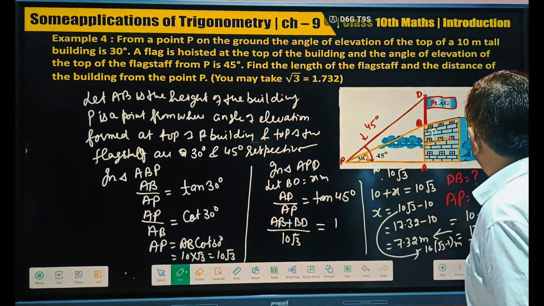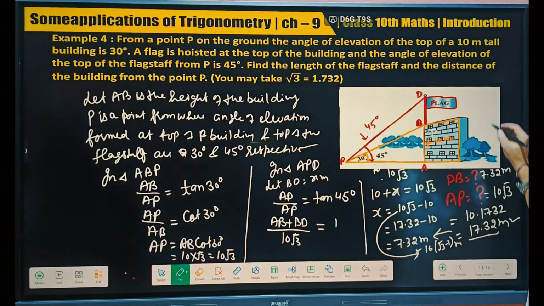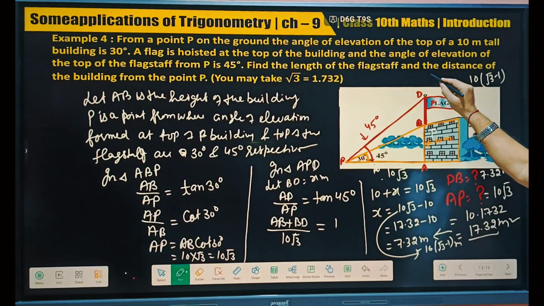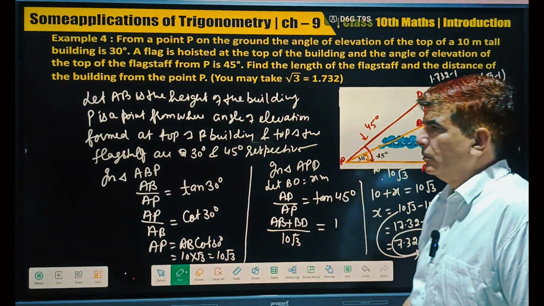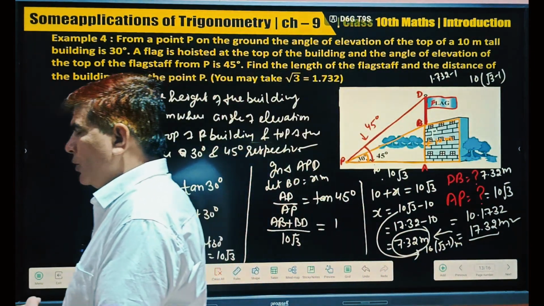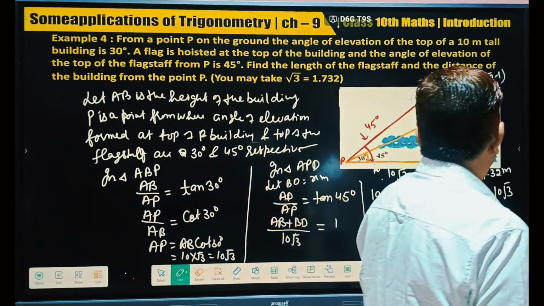So this DB equals 7.32 meter. Or take common root 3 minus 1. What's your root 3? 1.732 minus 1. Then you multiply this with 10 and it comes the same way. So in this way you can solve these.